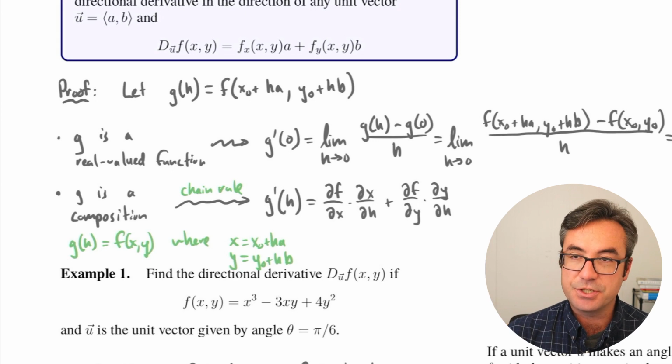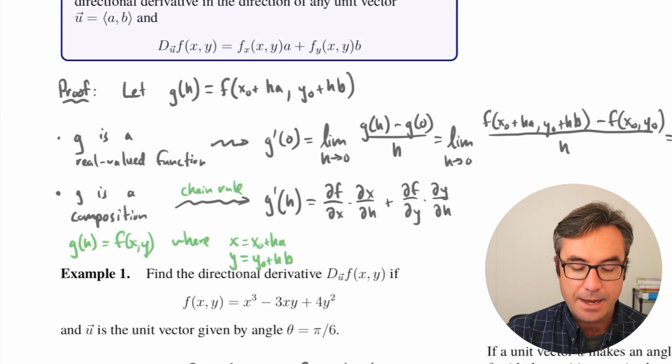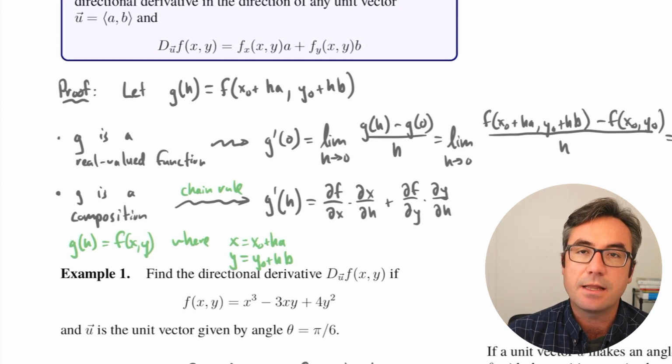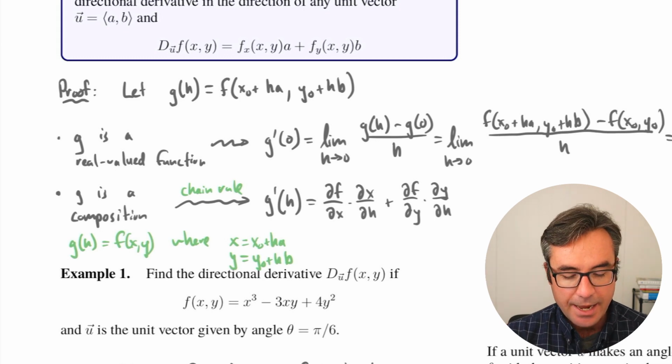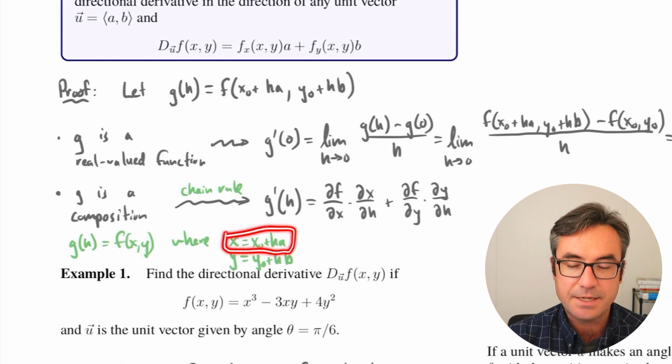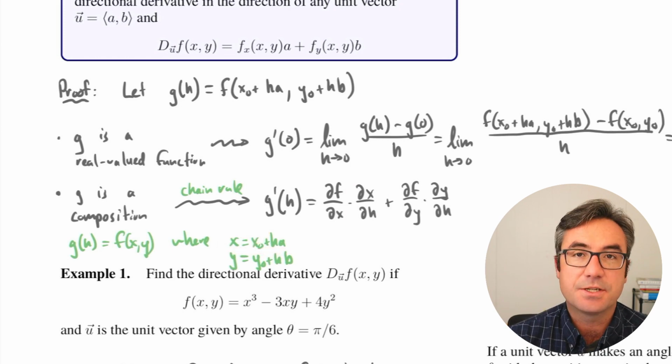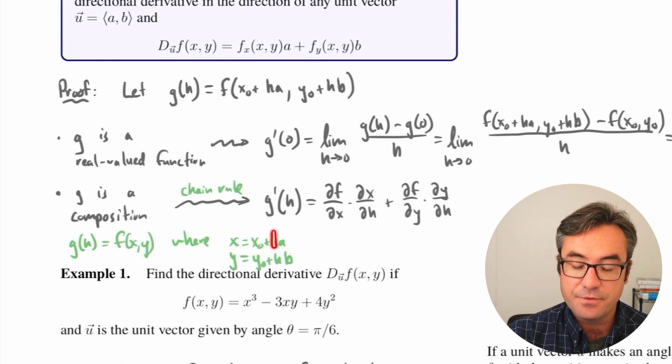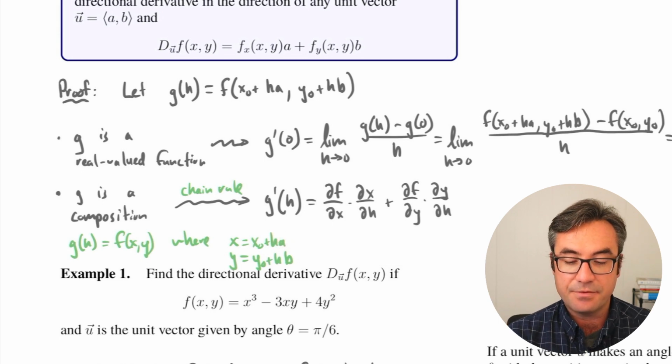This is just the case 1 chain rule that we looked at last time. And if we calculate the partial derivative of x with respect to h, the x0 is just a constant. The derivative of h is 1, so we're just left with the a.